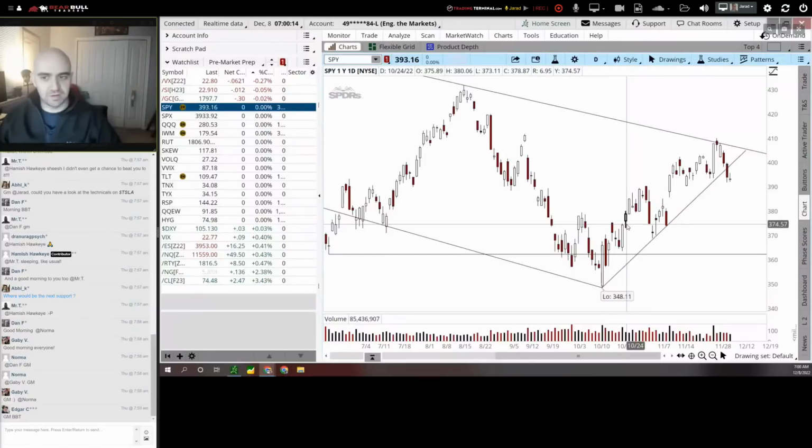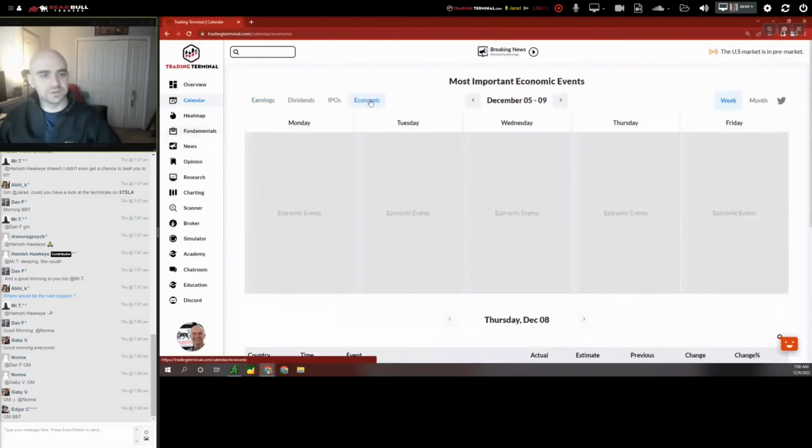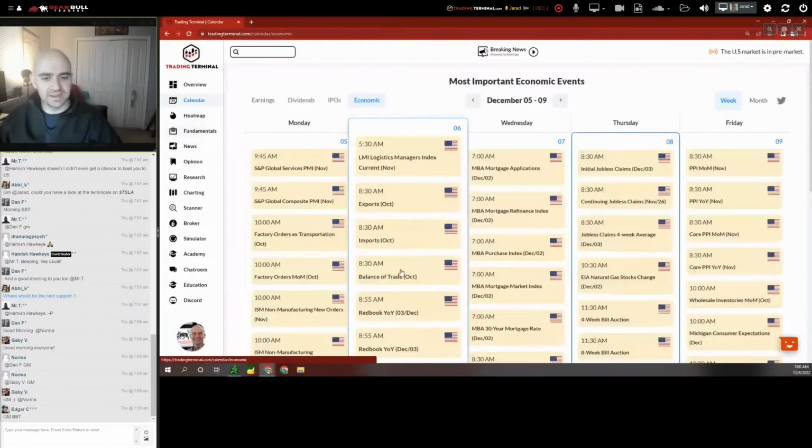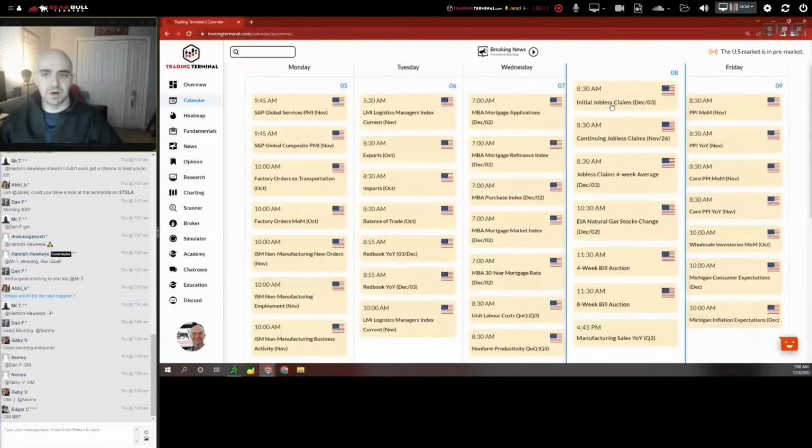But let's take a look at our short-term picture here. Let's talk about where we are in the S&P. We do have jobless claims coming up after the session. So if you are in the trading terminal, on the economic calendar section, 8:30 market time, initial jobless claims and continuing jobless claims.